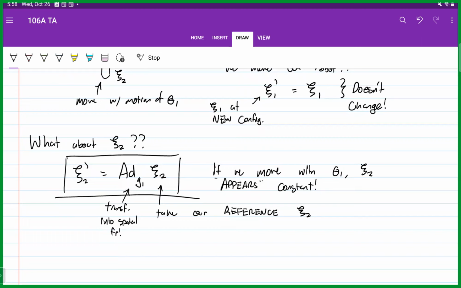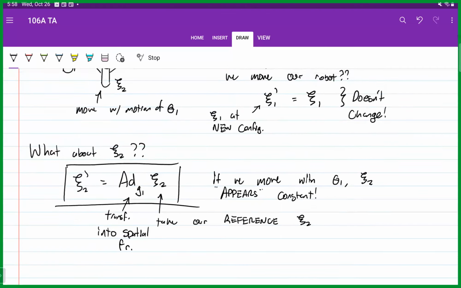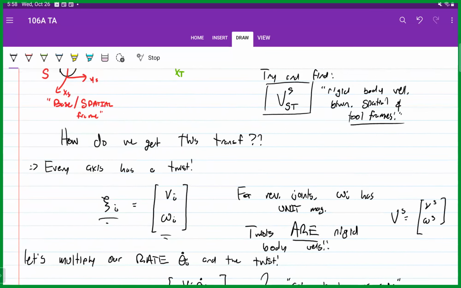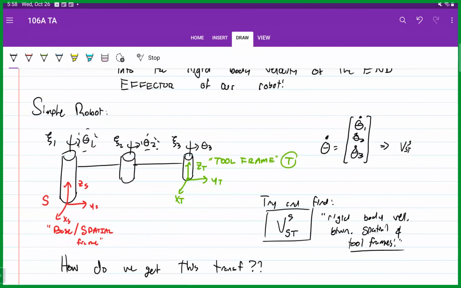Yeah, what's that thing? Transform into spatial frame? Yes, transform into spatial frame. What's the frame of this? Initially everything is just in the spatial frame, because we haven't actually moved any arms yet. But if we track our xi2 as we're moving our first arm, it's going to look the same from that moving frame.